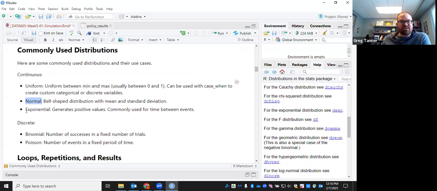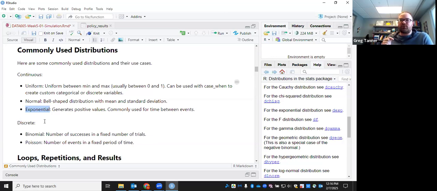The exponential distribution is a very, very useful distribution in queuing theory. It is a continuous distribution, always generates positive values, and it's commonly used to simulate the time between events.